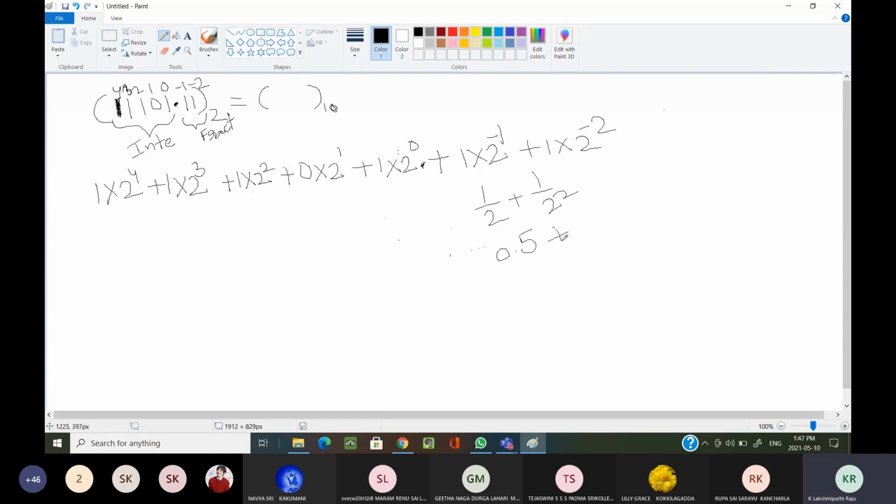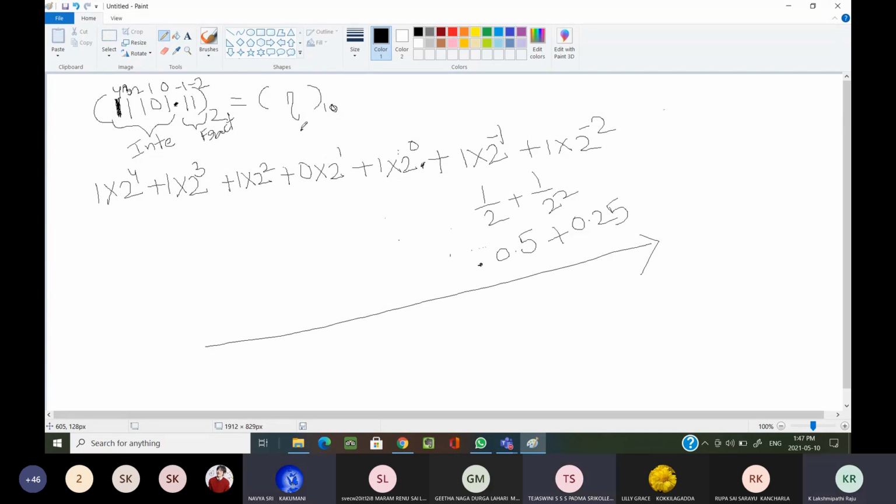Here you should put a decimal point and sum up all the values. The result you are getting is the final required decimal number. Am I clear, everyone?